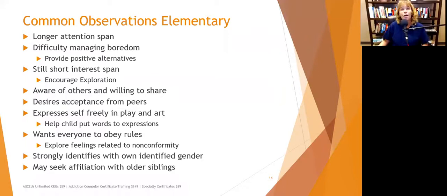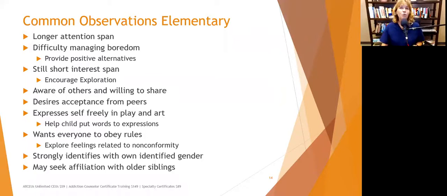At this age, they're aware of others and oftentimes willing to share. They desire acceptance from peers and express themselves freely in play and art, which is awesome, because this is when we can start helping them develop their emotional vocabulary. They can draw it, but they may not know the words. So we can help them learn words like happy and elated and curious and whatever else.